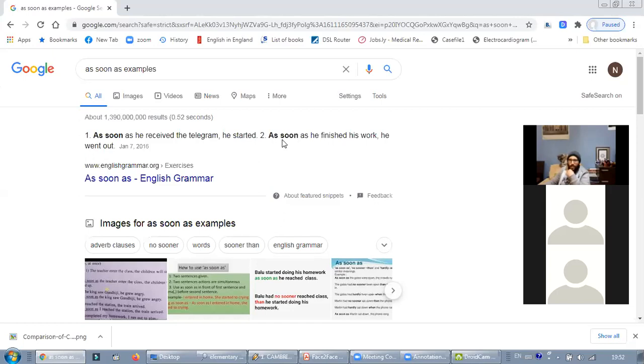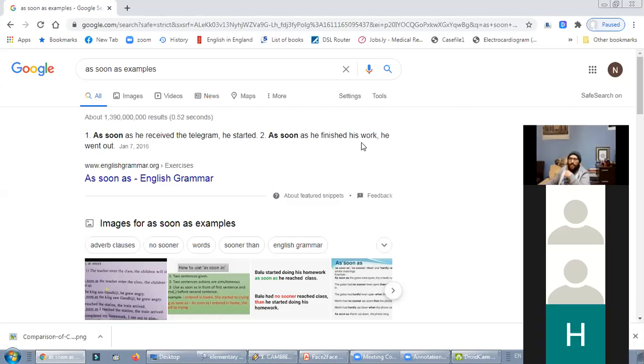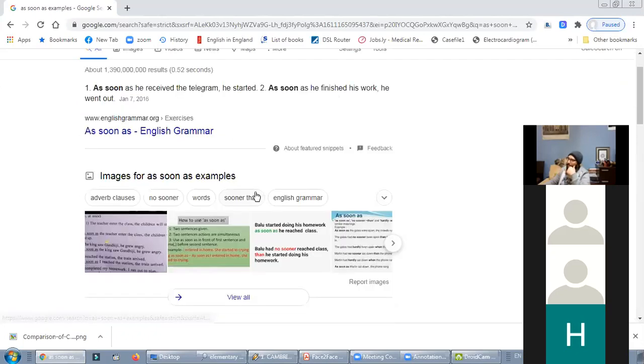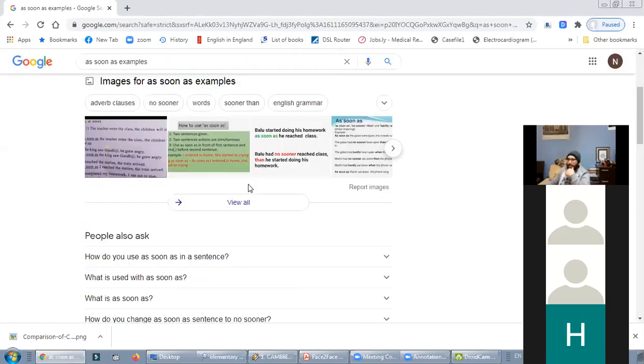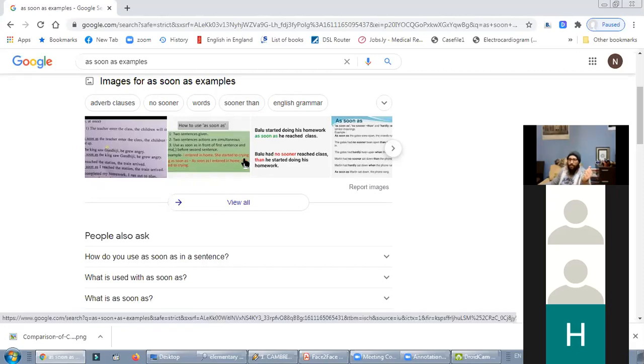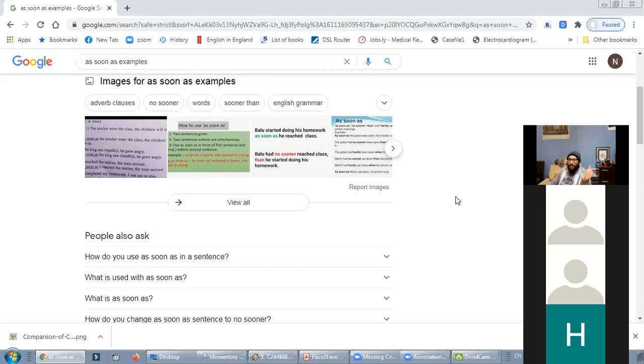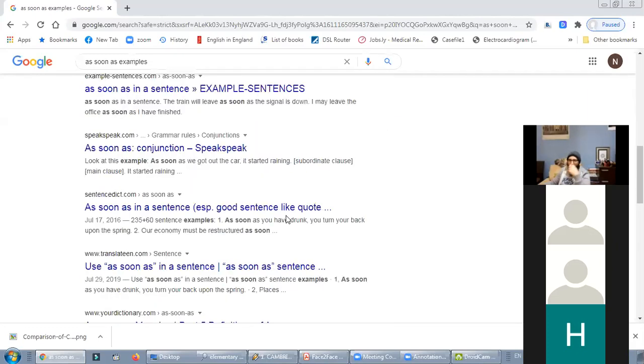So if we go by translation only, we use past simple with this expression. But you can also use it in the present. So for example, you can say, I'll call you as soon as I arrive home. As soon as I arrive. So you can use it even in the present.